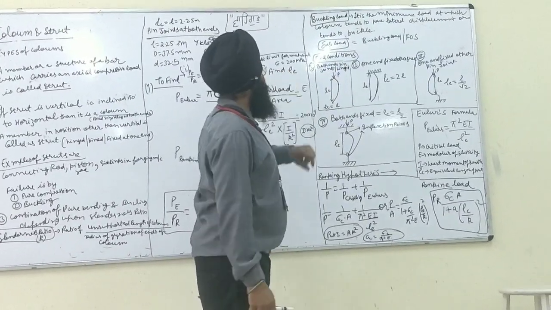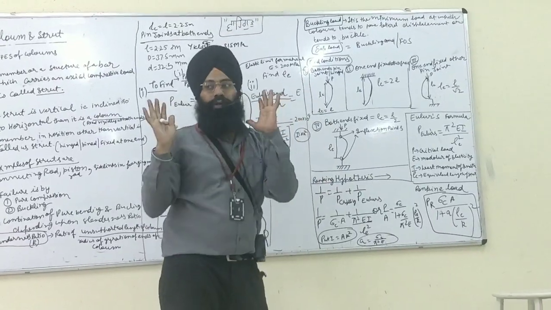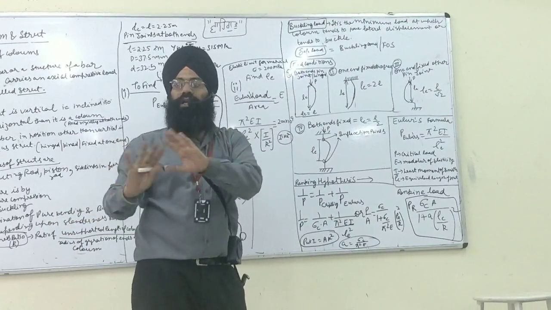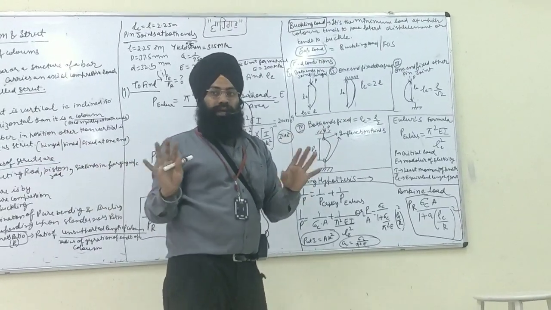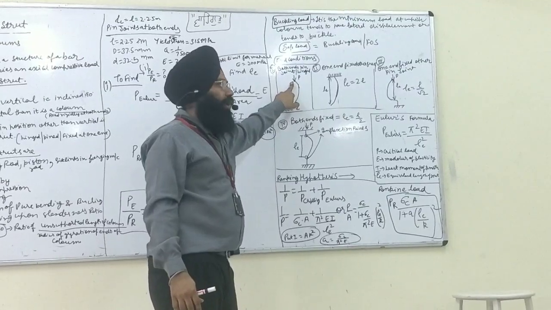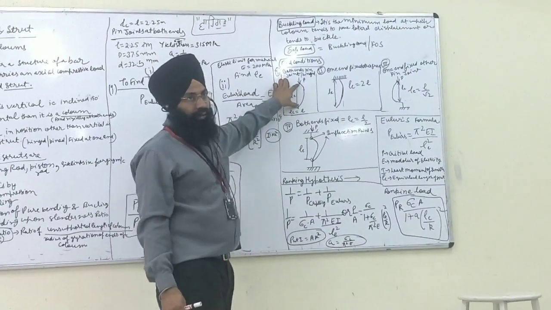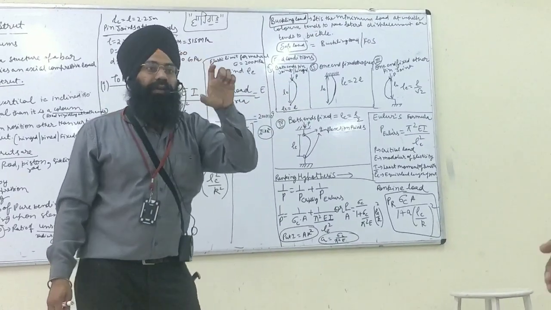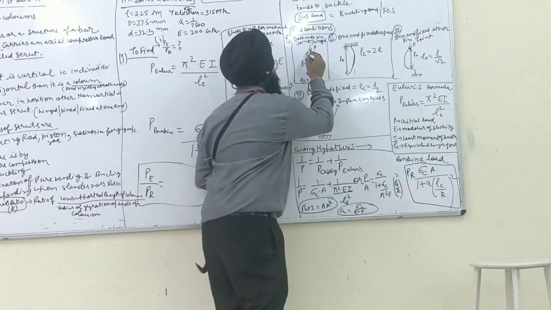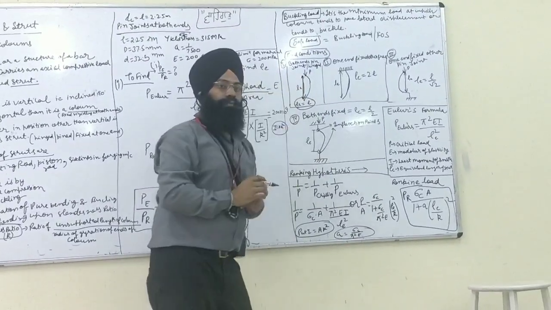A compressive load has to be applied upon the column or strut. That is the foremost condition. Without it, it cannot be a column or a strut. So from the top, we experience a compressive load. At that time, both ends are hinged, so the equivalent length will be equal to the length of the column.